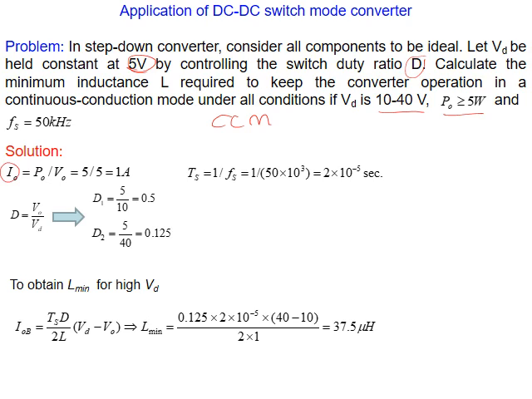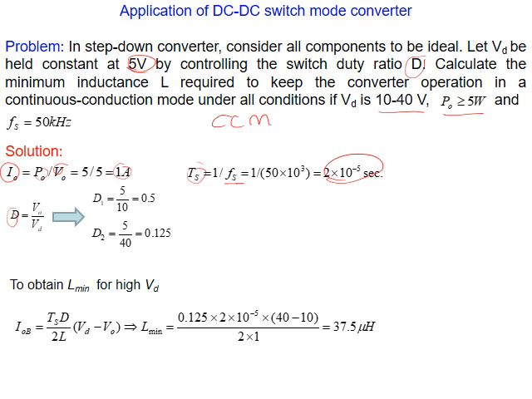Now let me find I output because he gave me output voltage and power. I got it. Also let me find switching time by dividing by the frequency of the switching. I got it because I need it in the calculation.